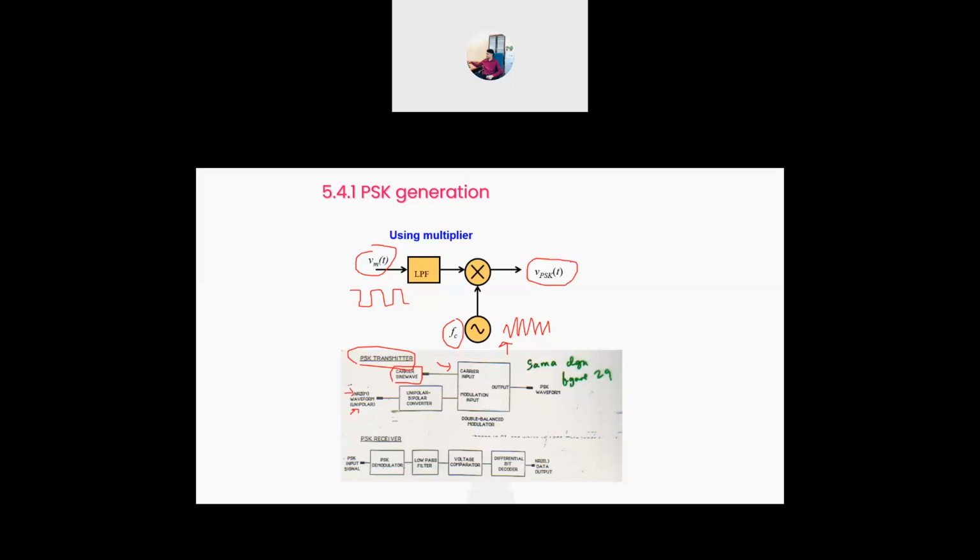Then going to here, we change it from unipolar to a bipolar converter.